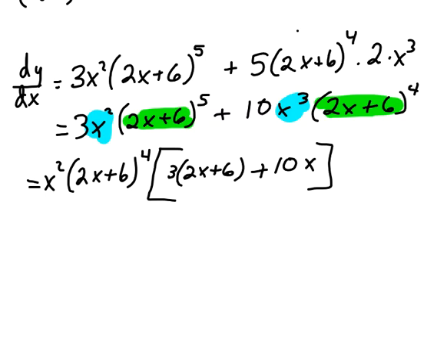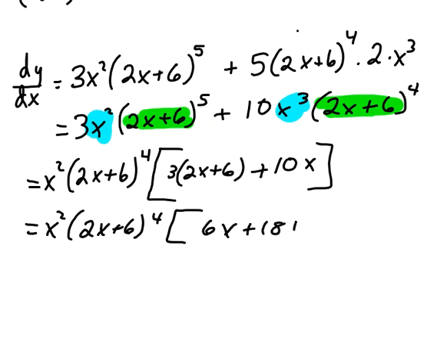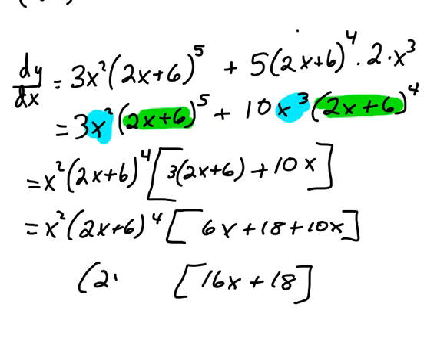Now I can simplify on the inside here: 6x plus 18 plus 10x, combine and say 16x plus 18. Way better than trying to multiply all of that out and then have to refactor it at the end.